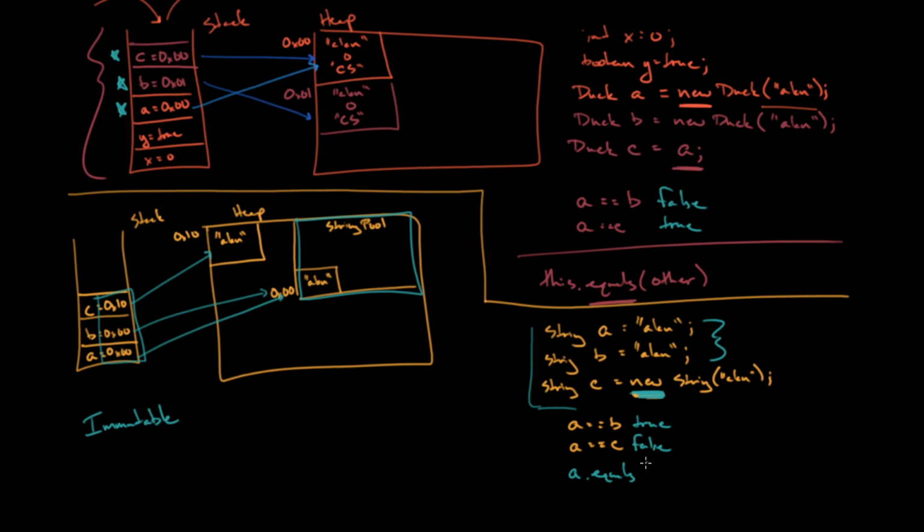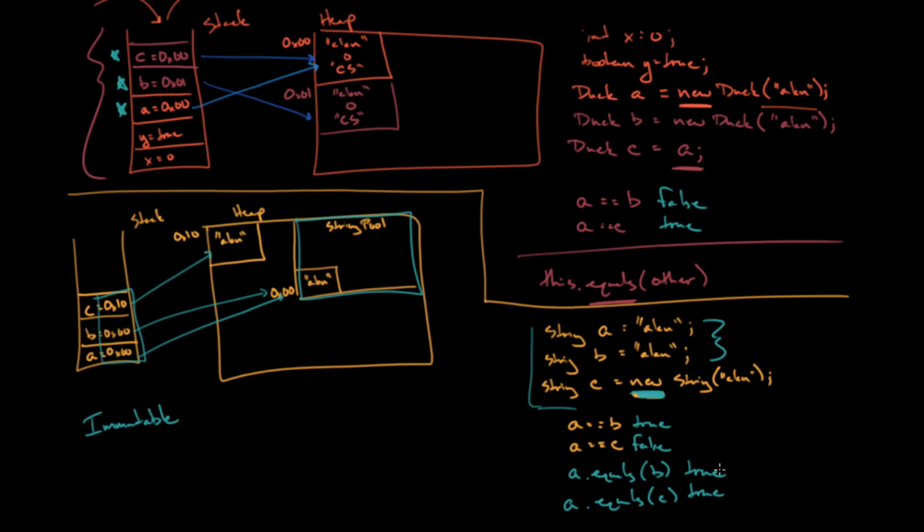What I'm comparing is instead the actual values of A and B, of which A and B do contain the same string. So this will be true. And then A dot equals C will also be true because they contain the same value.